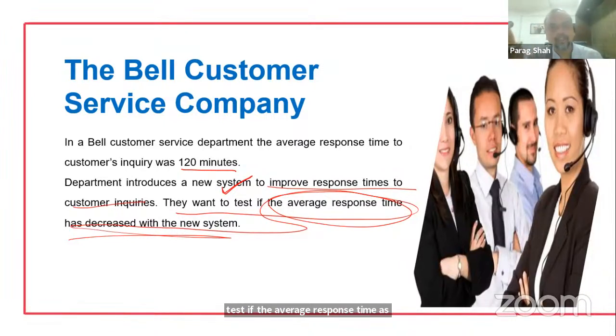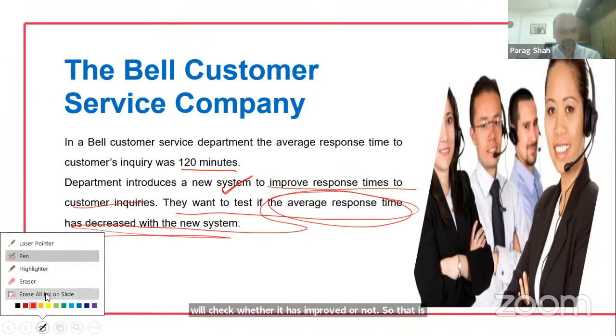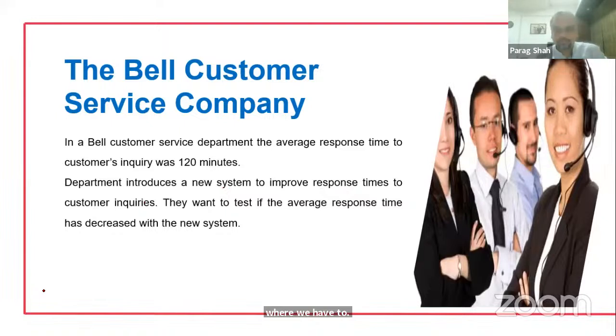Whenever a company invests something, after that they will check whether it has improved or not. So that is where we have to help them to decide null and alternate. So now I'll explain everything in detail.